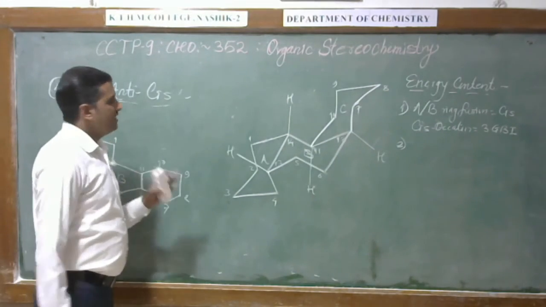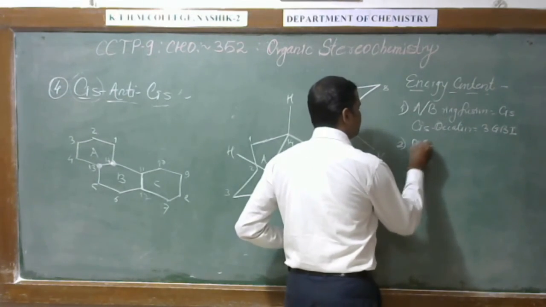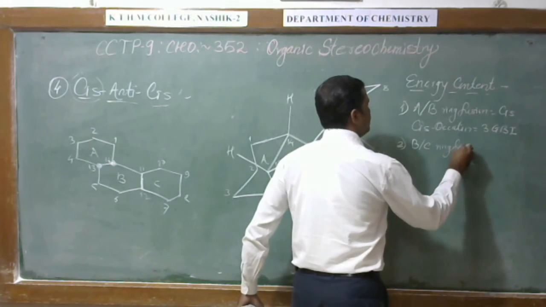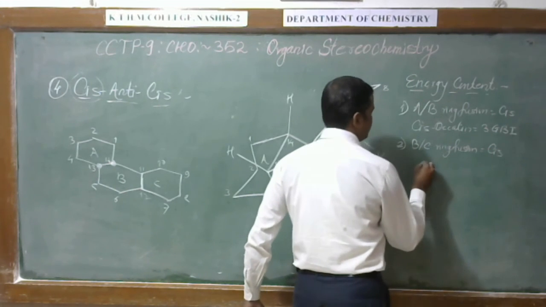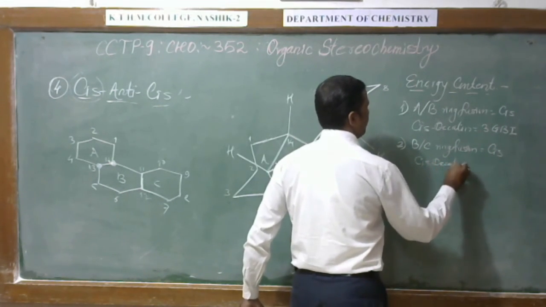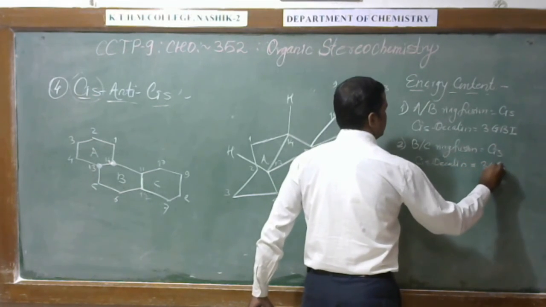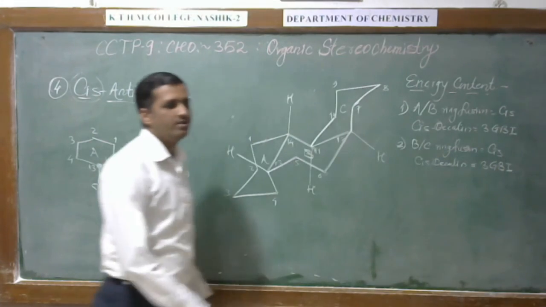Similarly, second condition, cis condition, means BC ring fusion. BC ring fusion is also in cis fashion. Therefore, the system is a cis-decalin system, and the cis-decalin has 3 gauche-butyl interactions.